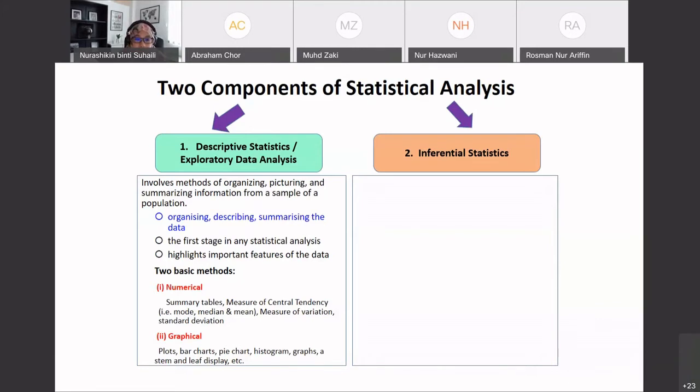2 basic methods. Okay, this is how you present, how you analyze the data, right? Measure of central tendency. We're going to look at it after this. Measure of variation. This is something to do with the analysis of the data that you have, okay? Like measure of central tendency, the easiest example is to find the average. Let's say you have many experiments, right?